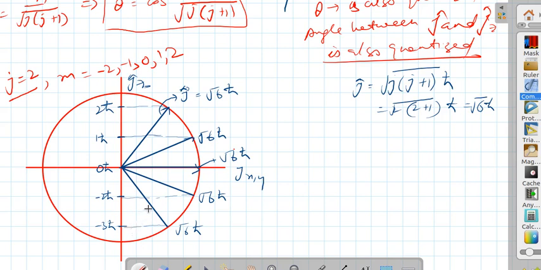Let us have a look at the angles. This is making an angle with this axis, this is making an angle, and this one is making another angle.